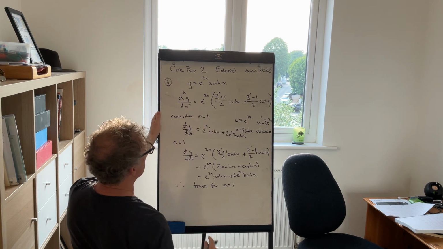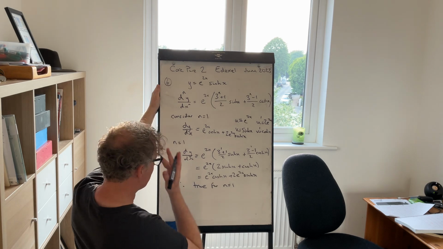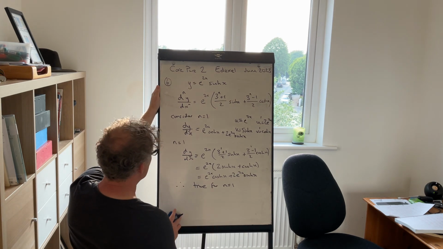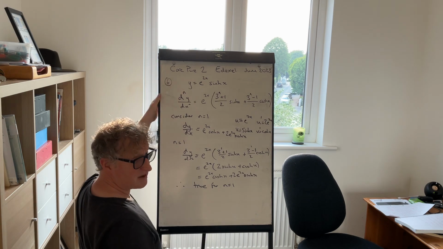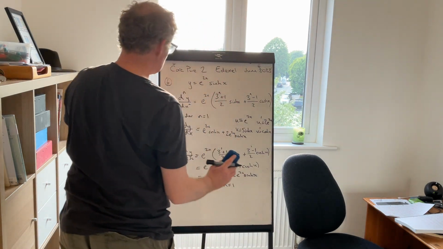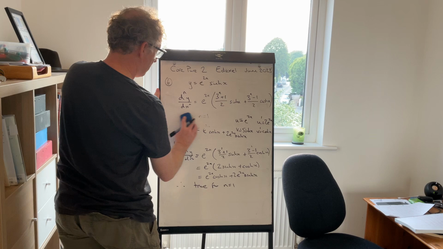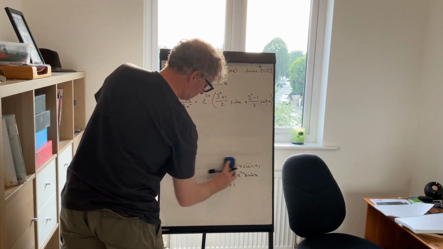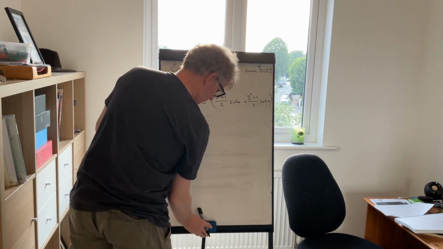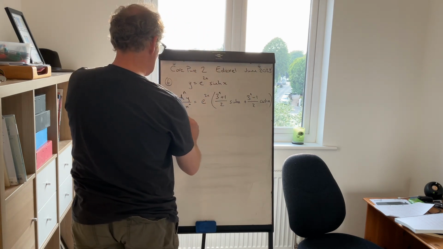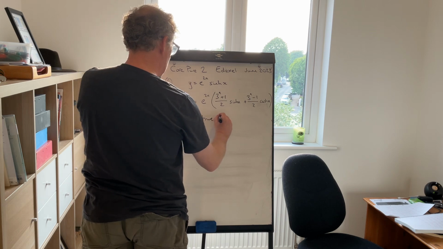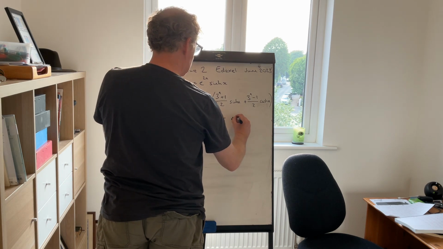We've shown that it works for the very simplest case, the first case. We now go to the assumption. So we're going to assume it's true for a particular value of n. Usually we use n equals k there. So we've done the simple case. So we're going to assume true for n equals k.